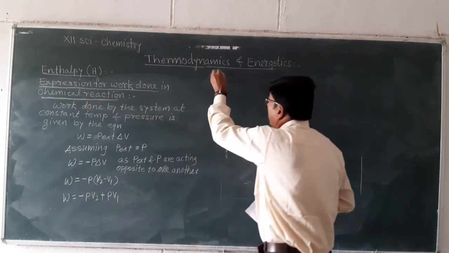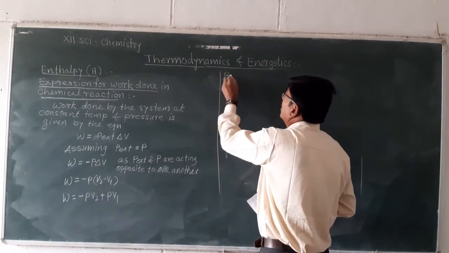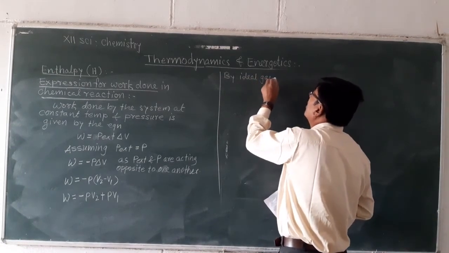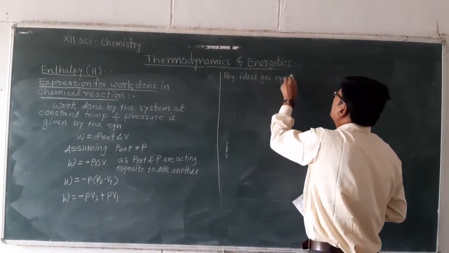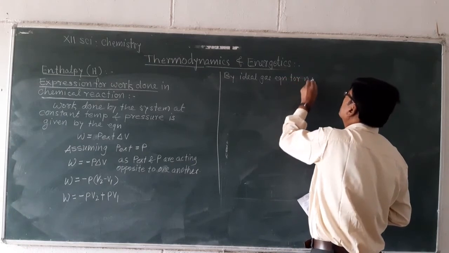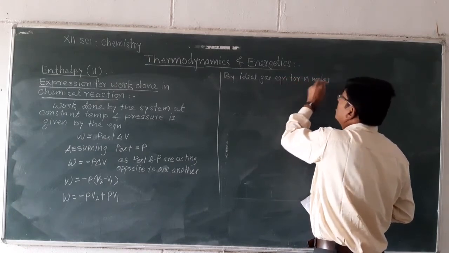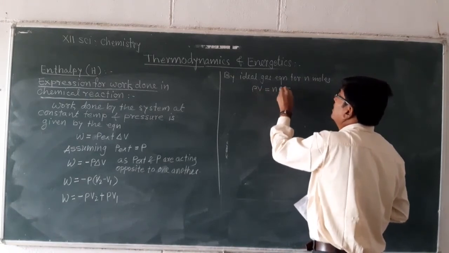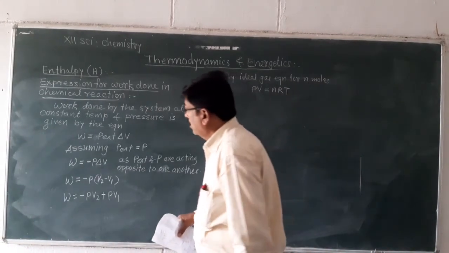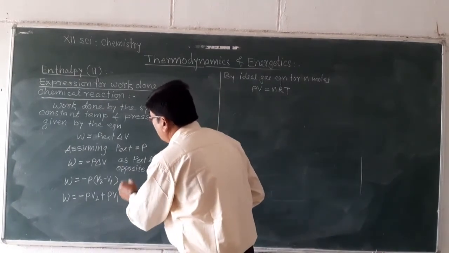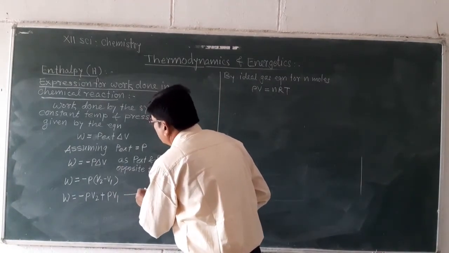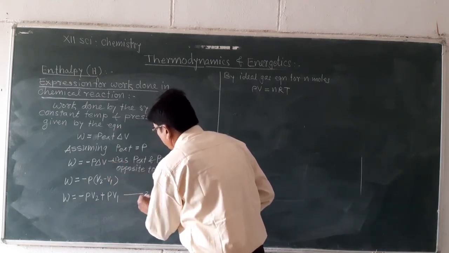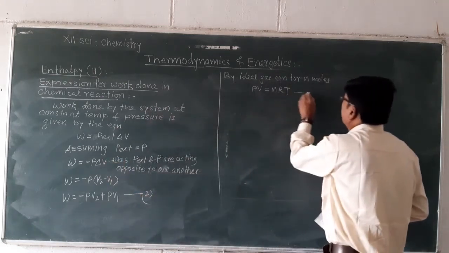Then, by the ideal gas equation, for n moles, we have PV is equal to nRT. Suppose this is equation 1, this is equation 2, this is equation 3.